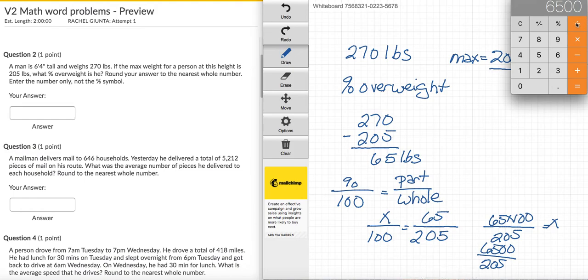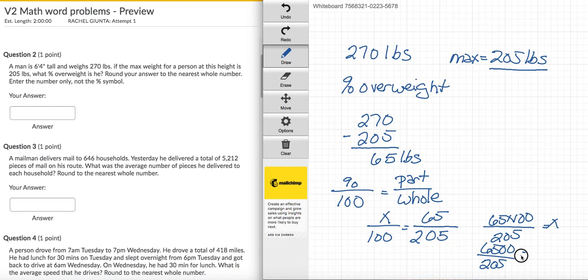So now we've got our 6,500 still in the calculator, divided by 205 equals 31.7 something.